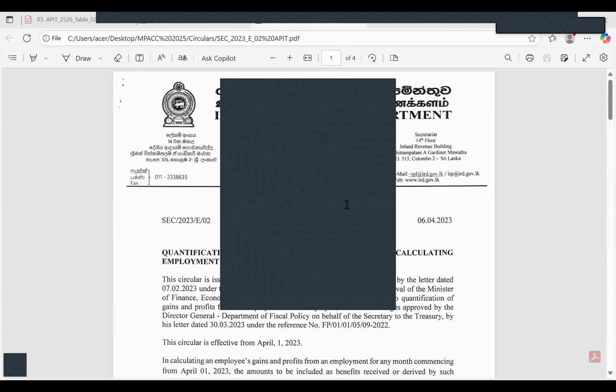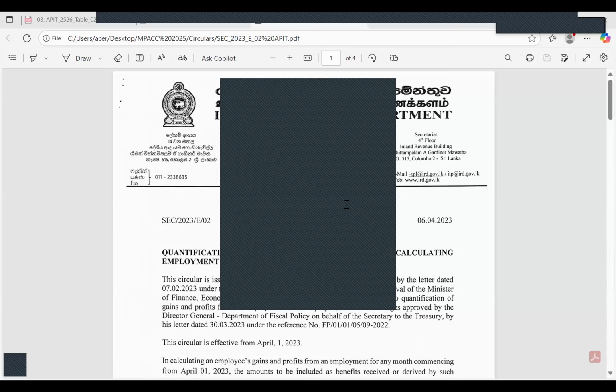Professional service means, I think you can understand, we need to identify whether an income is employment or business. Some income should be categorized under employment, some under business income.